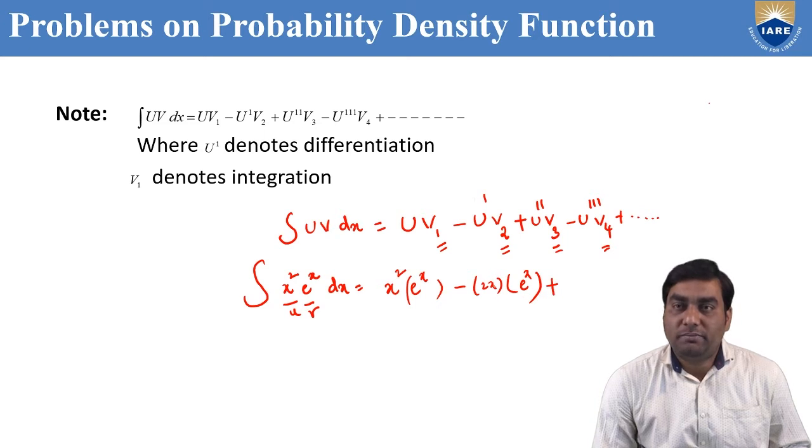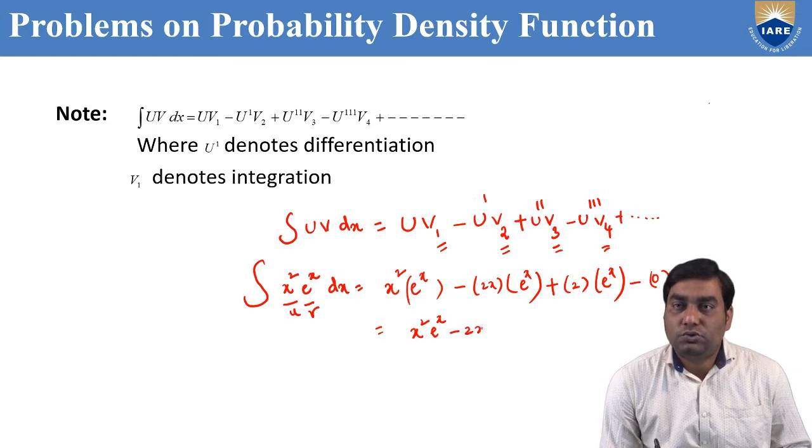Previous term differentiation, bracket differentiation only you do it. 2x differentiation, 2. e power x integration, e power x, plus over next minus. 2 differentiation, 0, over, stop till we get 0. So the final answer is x square e power x minus 2x e power x plus 2 e power x.